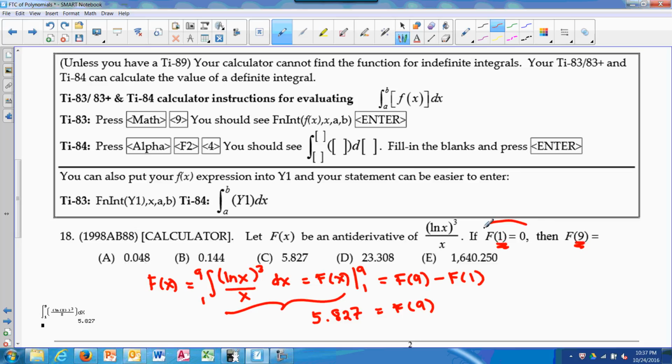But F of 1 is 0. So I can substitute that in now. So that means that F of 9 is equal to 5.827. And the question says, what is F of 9? So we know it's just C. Now that was true because F of 1 happened to be 0.